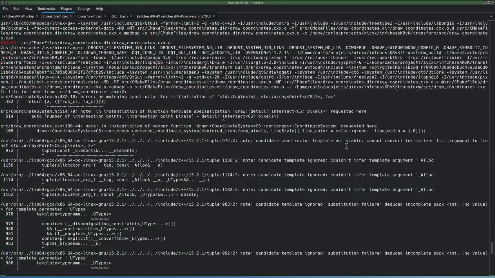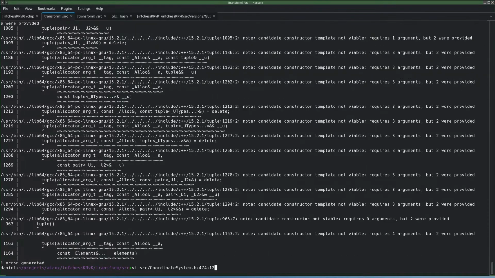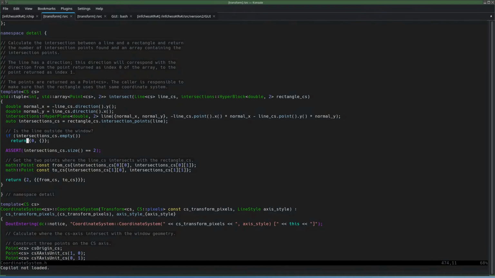Candidate constructor template not viable, cannot initialize list argument, std::array const. Yeah, well, I'm still going to say he's right if it actually should have been two braces.